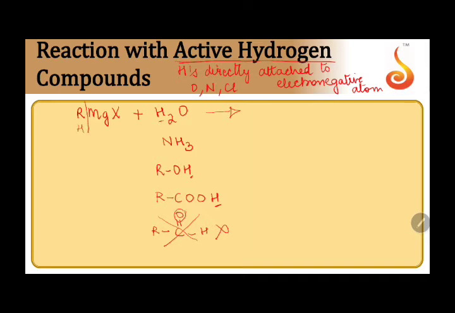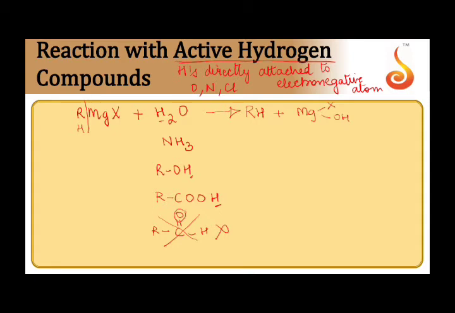So, this becomes RH, that is, you get the hydrocarbon. The rest of the product is written together, that is, you have MgXOH. This is how the reaction occurs. This is the main reason why we say when we use Grignard reagent, we should not be using water. Otherwise, you will land up with the hydrocarbon.